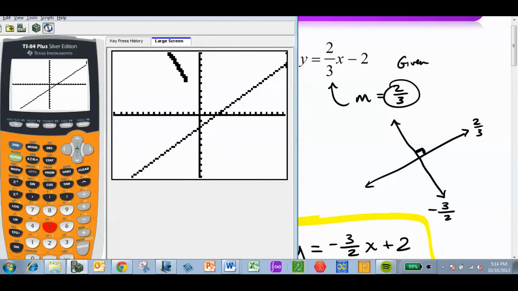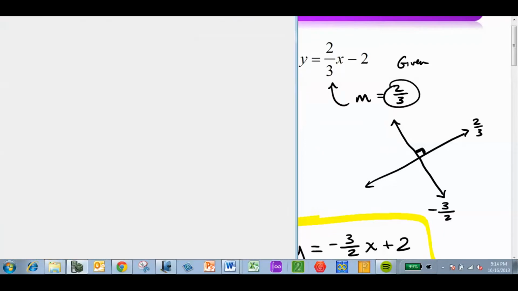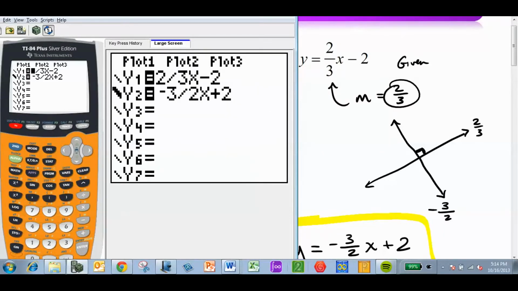You can see that these two lines look a little bit more perpendicular. It might not be perfect still visually, but they're better than zoom 6. And we just want to check to make sure that the point 2, -1 is actually on our yellow line. So remember, our yellow line was the second one.